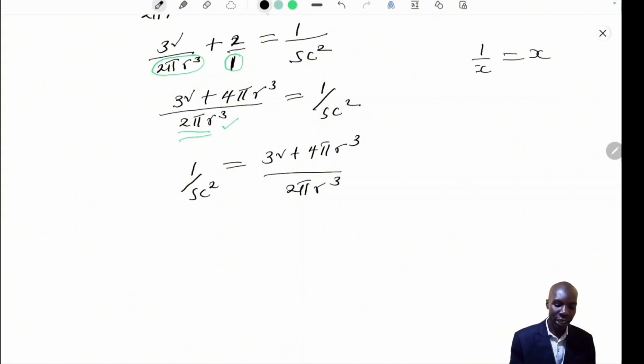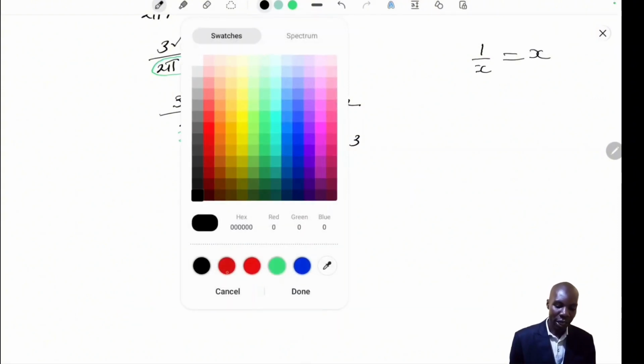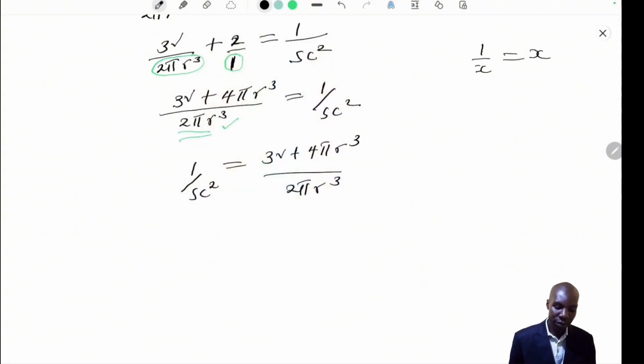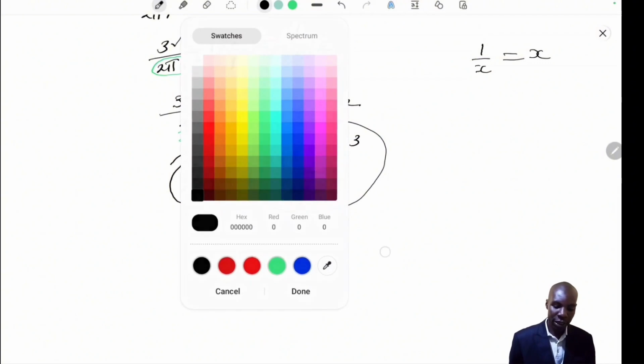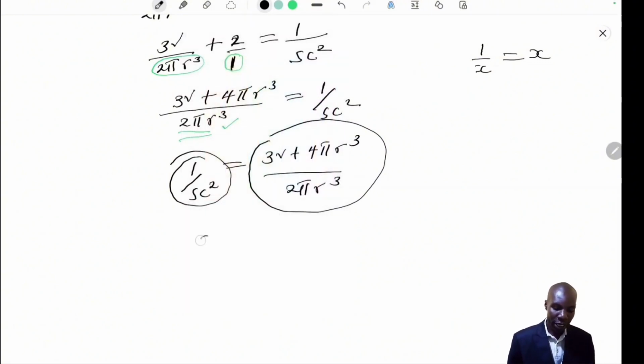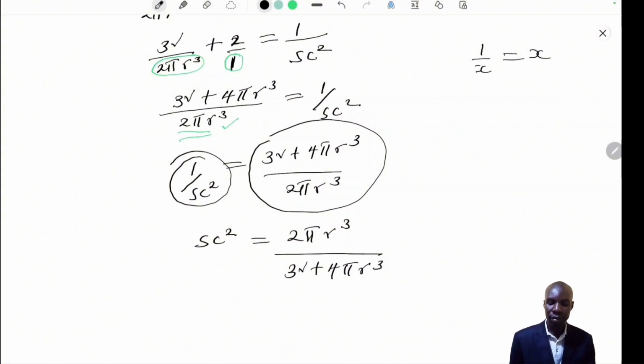So if we get the reciprocal of both sides, that will give us sc squared equals 2 pi r to power 3 over 3v plus 4 pi r to power 3.